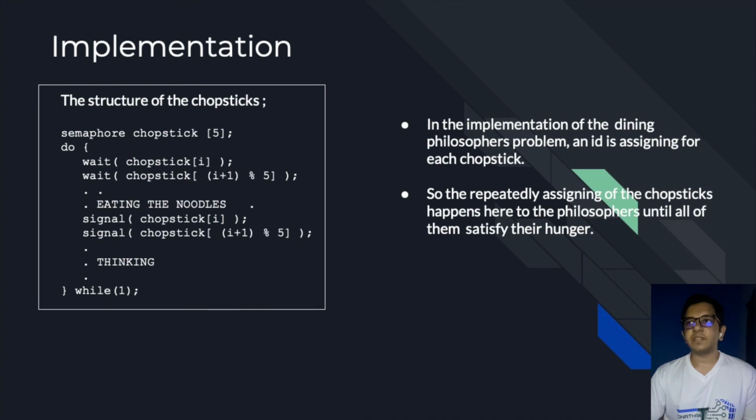Then the other chopstick will be assigned to the philosopher. So the minimum chopstick count, which is 2, is assigned to the philosopher, and then the philosopher will be eating. By the signal of completing the condition, validating the condition, he can eat. Afterwards, the philosophers can proceed into the thinking state.